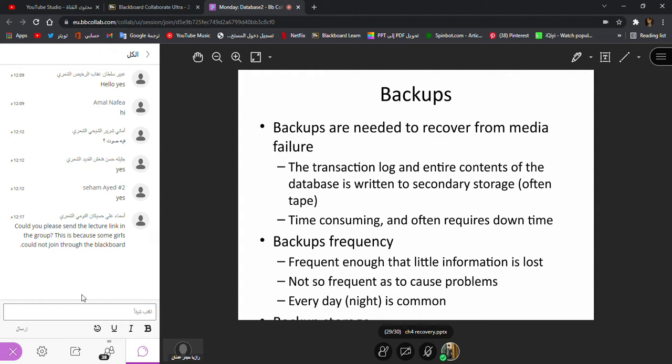But not so frequent that, like, after every minute you are making backups, because it takes a lot of effort and time, and that can also create problems and inconsistencies in your database, right? So you have to schedule, or make a timetable, to keep this backup frequency.